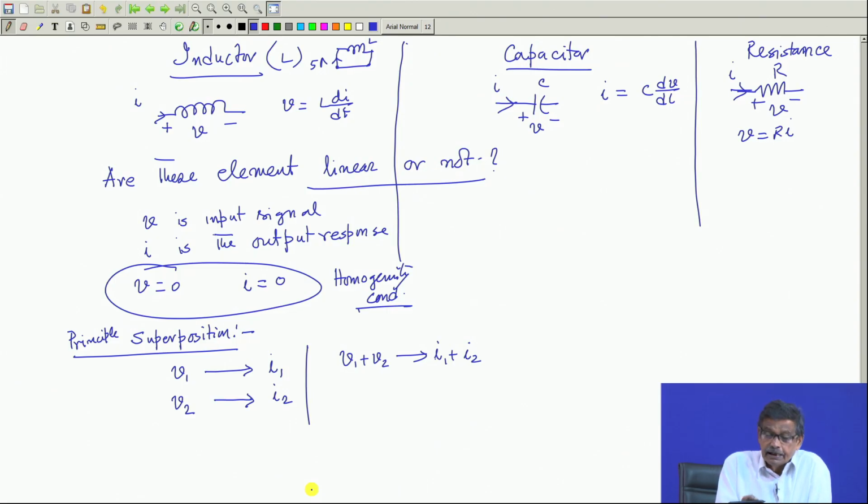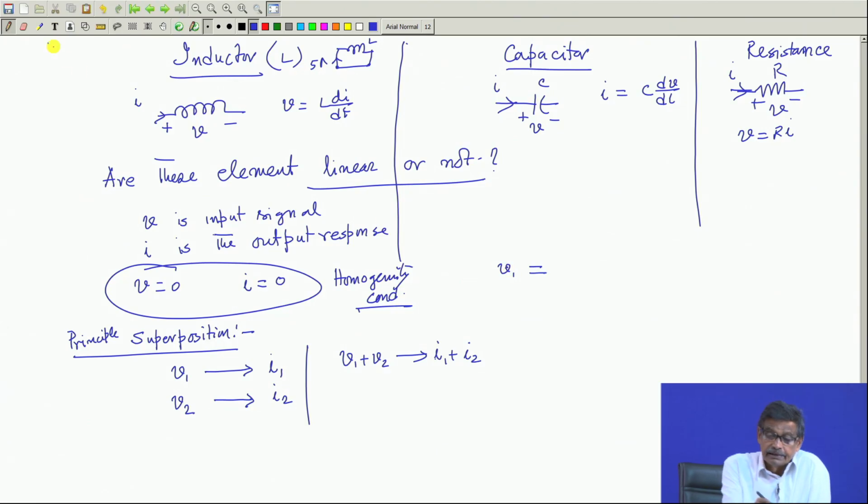Of course, inductor will fail this test, the first test, if it has got initial current. Therefore, for testing an inductor for linearity, you must ensure there is no initial current in the inductor. Got the point? The proof of this is very simple. When you apply V 1 voltage, let us follow this principle.